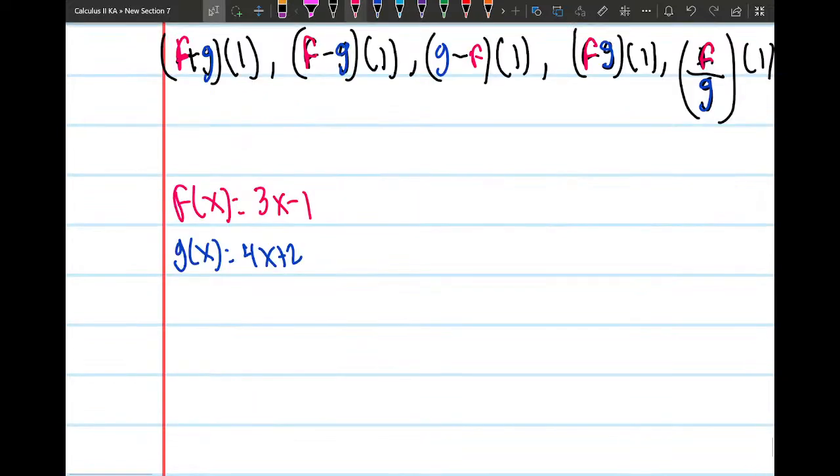So we have f plus g of 1 is equal to f of 1 plus g of 1.